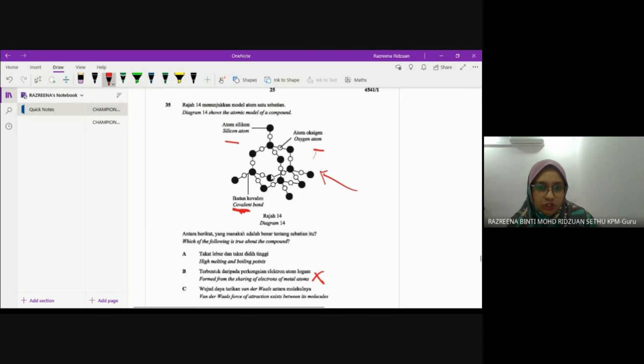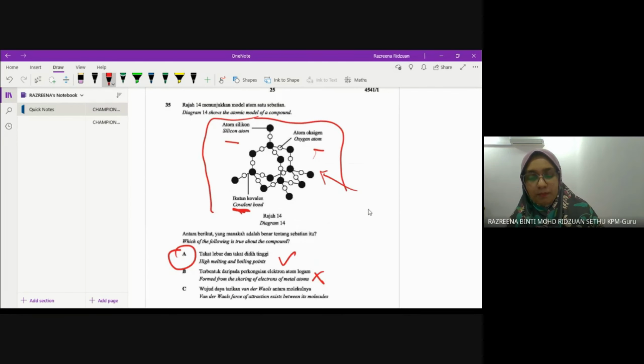When they have big molecule here, they tend to have high melting and boiling point. Okay. Van der Waals forces would happen in covalent compounds, but for this case here, they have higher melting point because of how it is arranged compared to the other covalent compounds. Okay.